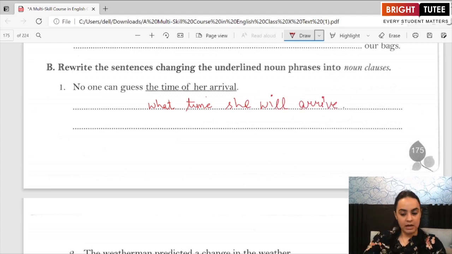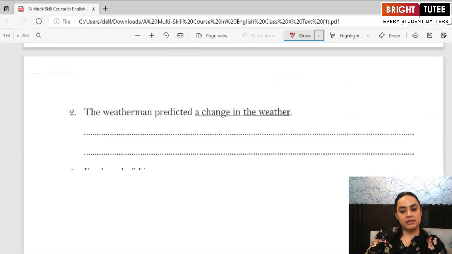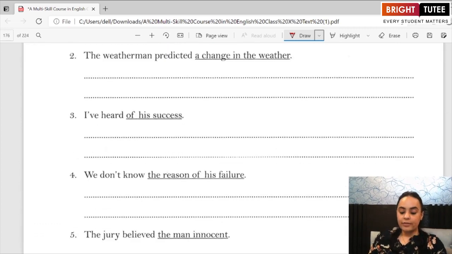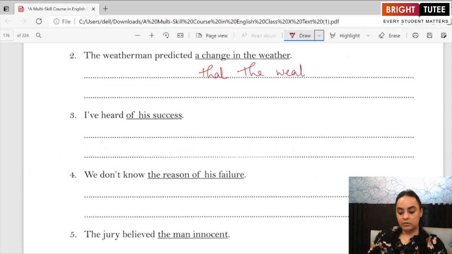Yes, it becomes a noun clause. Let us look at the second sentence. The weatherman predicted a change in the weather. The weatherman predicted that the weather will change.